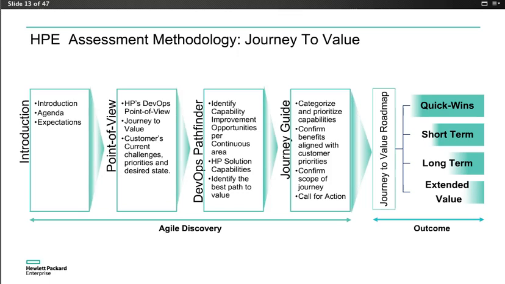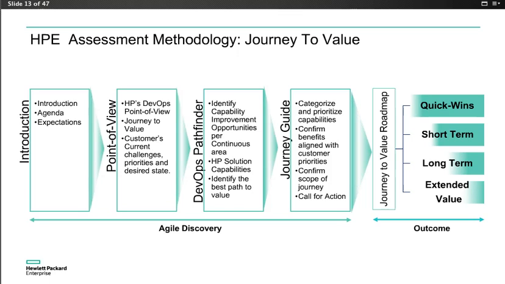Let me look into the first type of assessment methodology, journey to value. Journey to value helps us to understand priorities of the customer with the highest focus to deliver intermediate value. What does it mean?